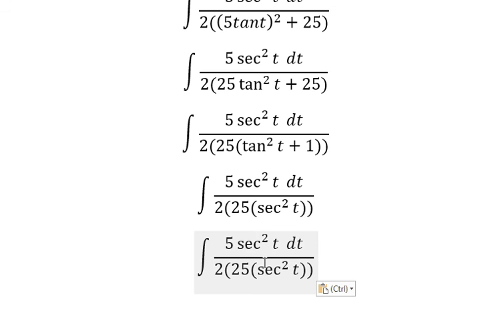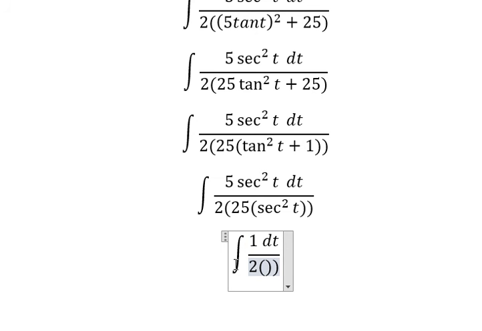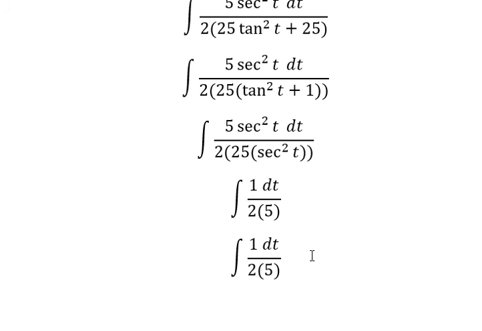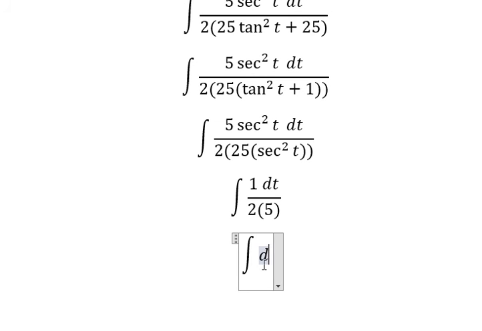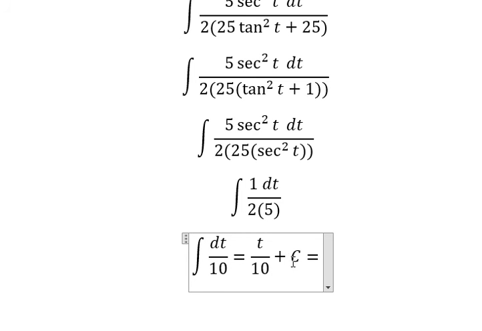Now we need to simplify 5 secant of t square and 25 secant of t square. So we have 1 over 5. And this one we can write as dt over 10, because number 2 multiplied by 5, you get 10. And we have t over 10, and we put plus c.